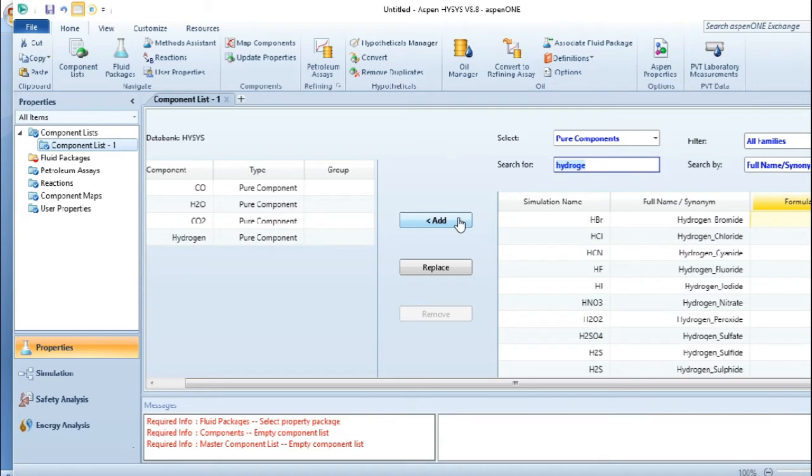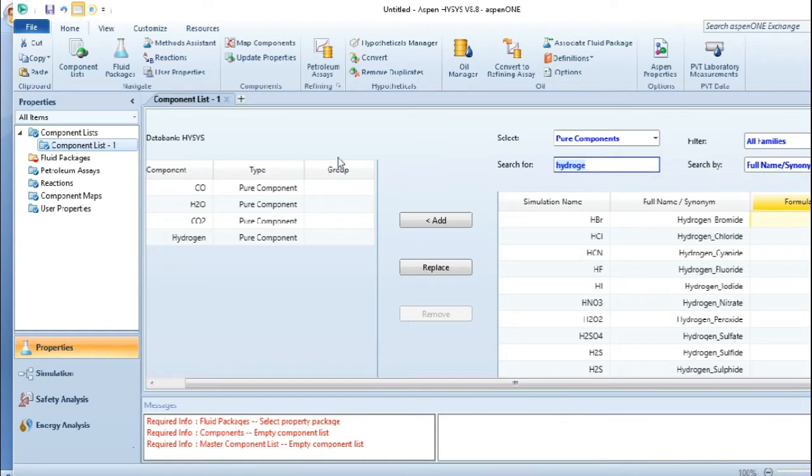So don't forget, this is a combustion reaction in which carbon monoxide reacts with water to produce carbon dioxide with hydrogen gas. In the search bar, you either type the name of the component, its synonyms, or its chemical formula, so that you can add it as your component.